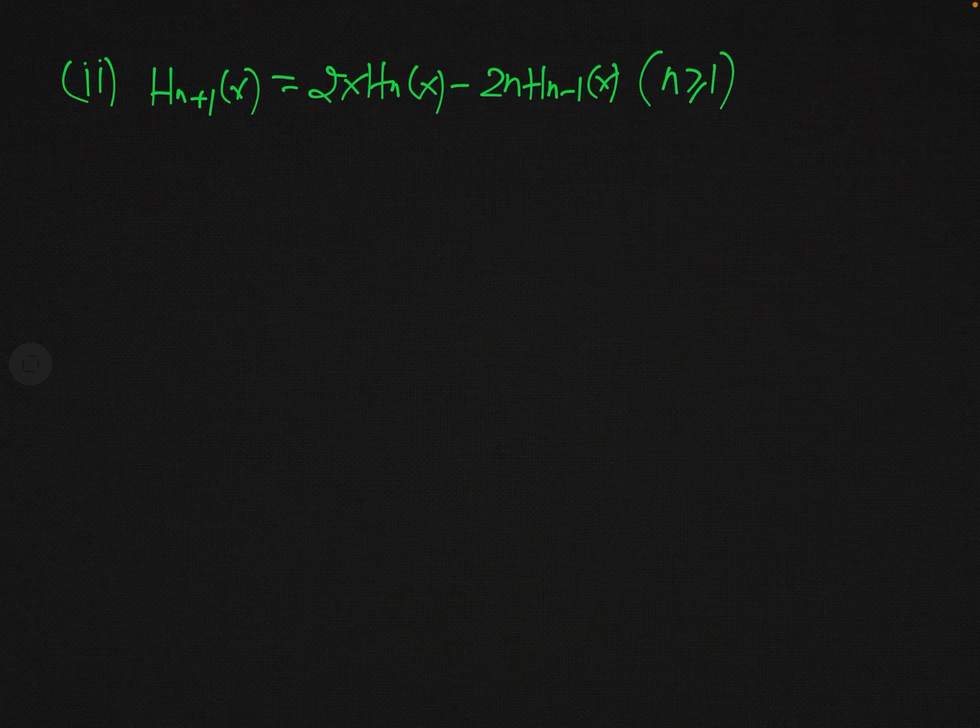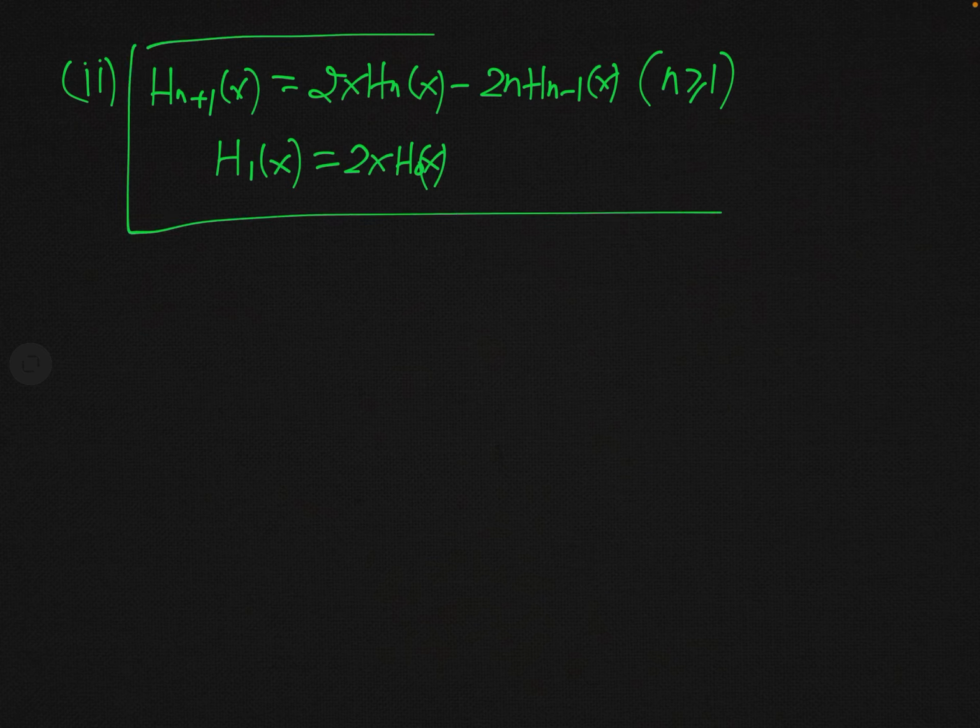And from here you can see that when we will take n equal to 0, then this result will be H1 of x equal to 2x H0 of x. So this is the second recurrence relation. Now I am going to prove it or derive it.